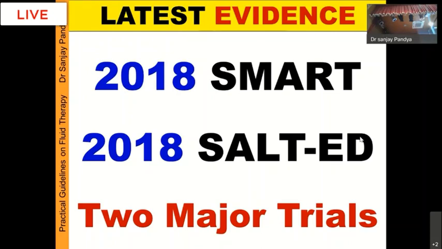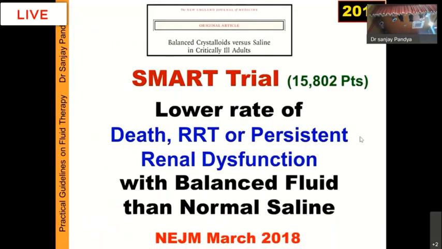But a very important recent trial in 2018, USA based SMART trial and SALT-ED trial. They are the major trials which have analyzed and said that the SMART trial, of 15,000 patients, showed a lower rate of death, renal replacement therapy, and persistent renal dysfunction with balanced fluid, and therefore it is better than normal saline.